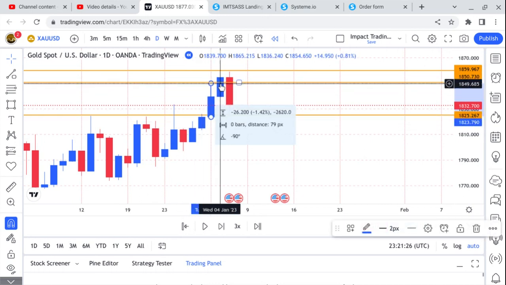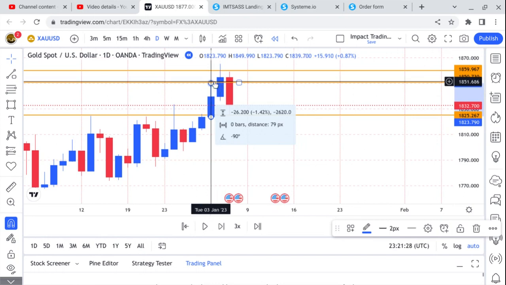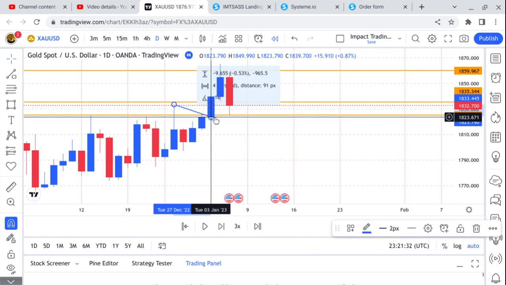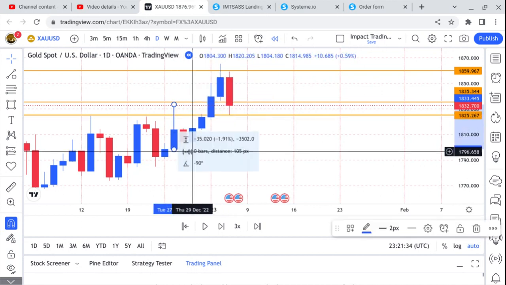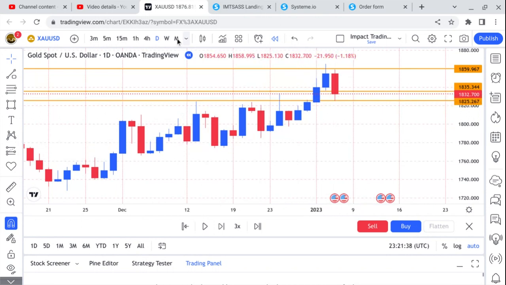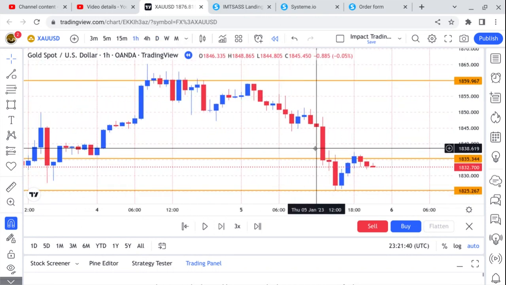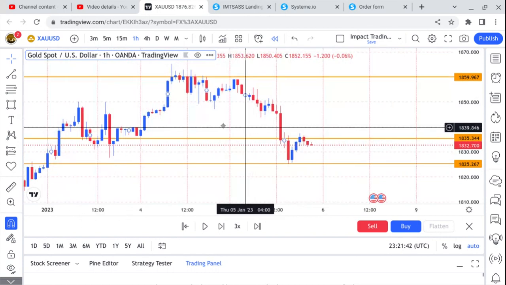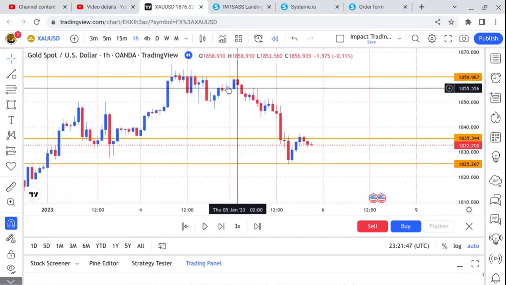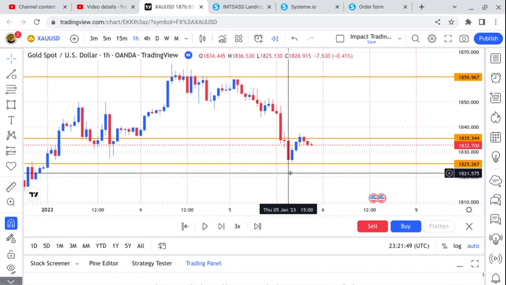That's 3,000 here. And this is 3,500 here. So you can plan your trades. Here are your 2 trade signals for January the 5th. One here during the Asian session, and then you had another trade signal during the New York session long.